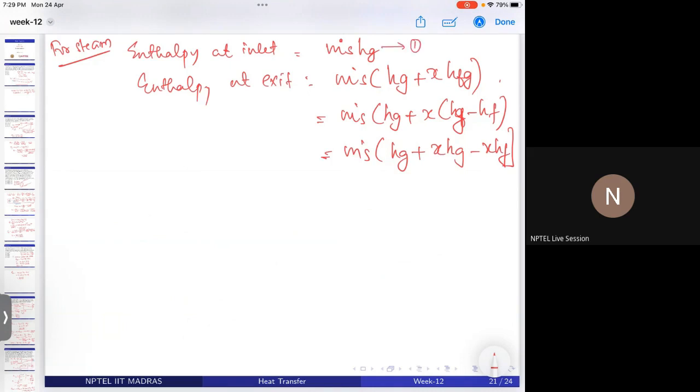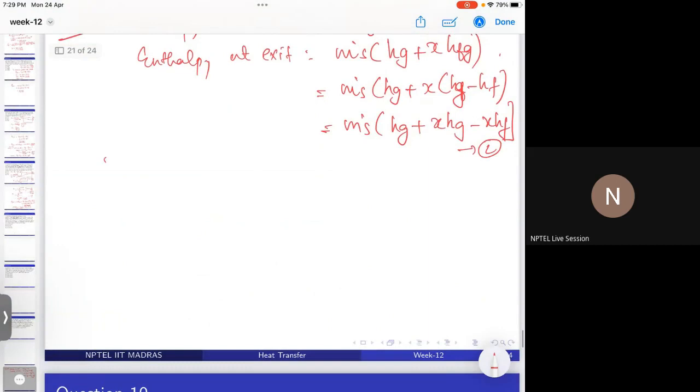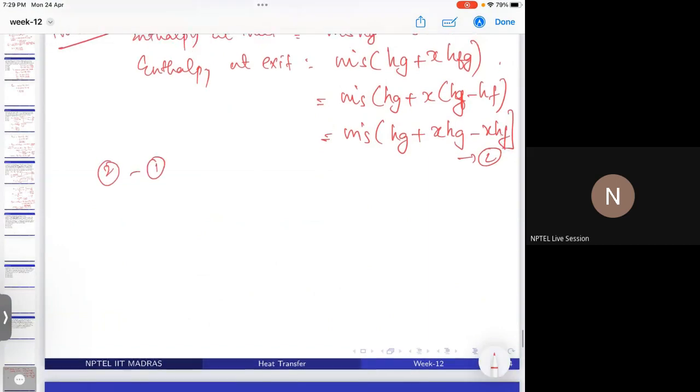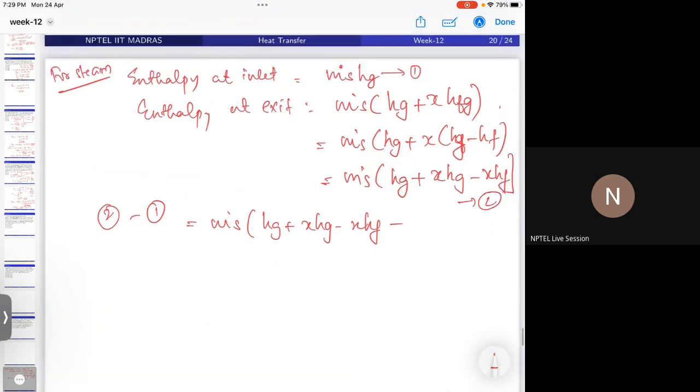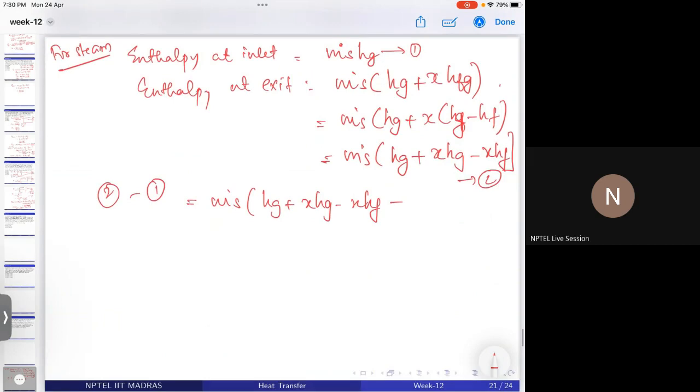What is the enthalpy change? The change in enthalpy of the steam is the heat gained by the water, which we already found out. So the enthalpy change, 2 minus 1, is equal to m dot s into h_g plus x h_f minus x h_g minus h_g.